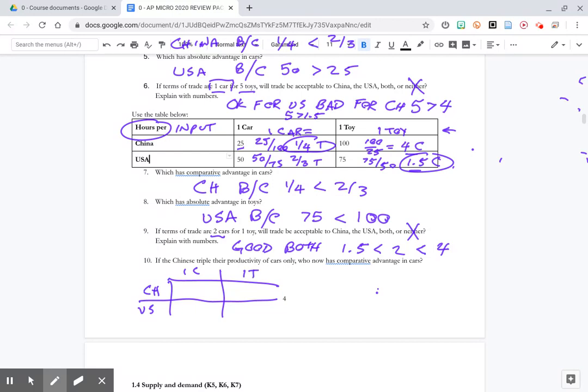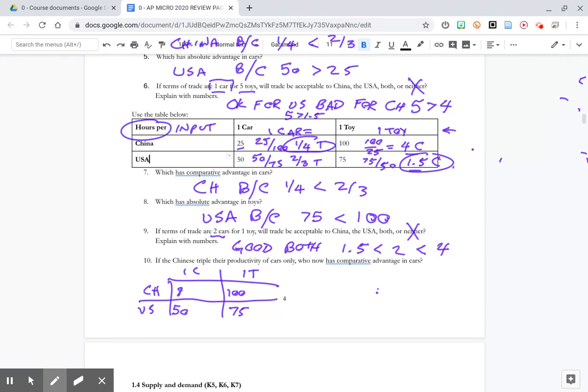Now the toys side is going to stay the same, 75 and 100, and the American cars are going to stay the same. But now it's way less for the cars for the Chinese. And I probably should have made this a little bit easier to do. So we're just going to round it and say 8, even though it takes a little bit longer than 8 to do that.